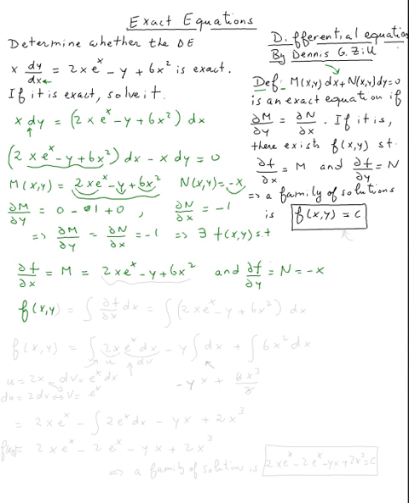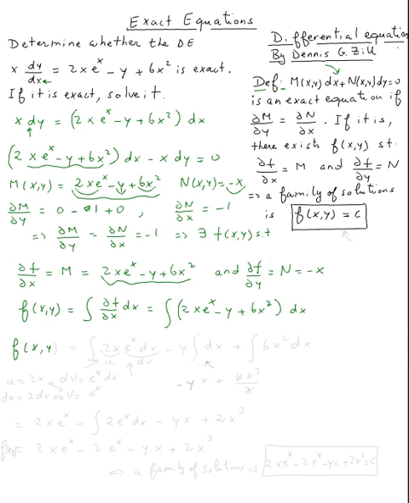We know f of x, y by definition is the integral of partial f with respect to x dx, which is the integral of this whole thing, 2x e^x minus y plus 6x squared dx. Let's rewrite it.